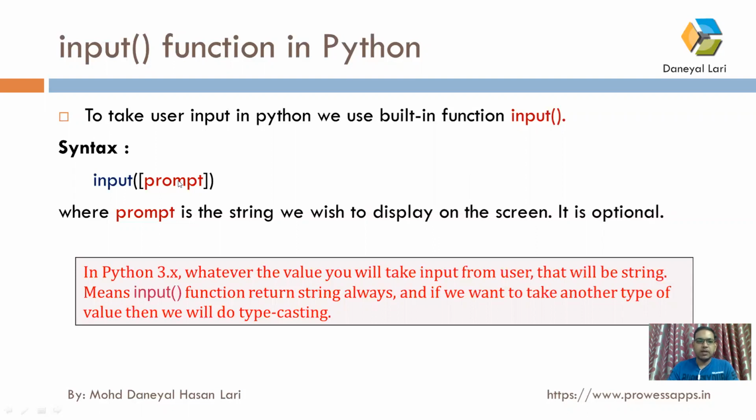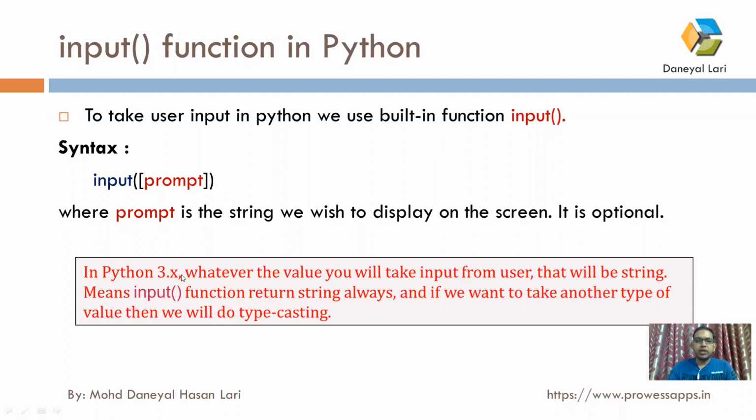Prompt means a string that you will display on the screen, and it is optional, for example, enter the first number, enter your name, or provide some data. And remember this one: whatever value you take as input by using this function, it will always be a string.